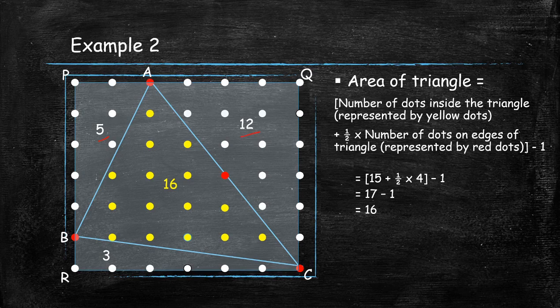And the area of triangle BRC is 1 into half into 6, which is equal to 3 square units. So we know that the area of this square is 36, subtracted by 12, then by 5, then by 3, we get 16 square units. So it is again verified that this method can be used to find the area of a triangle.